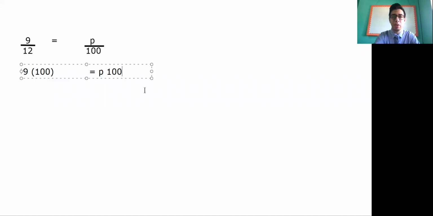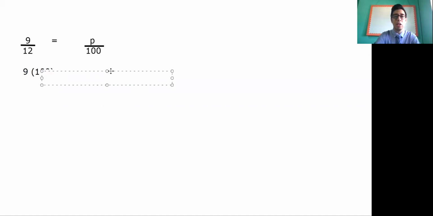But if you pass the number to divide, you don't need to write this; you only need to write it in this part of the equation. Now I insert the other number here, 12. What you need to do is multiply 9 by 100 and divide by 12. And this is going to be the answer for P.